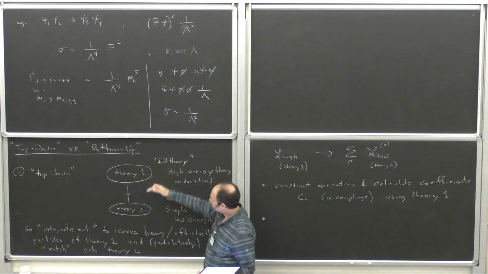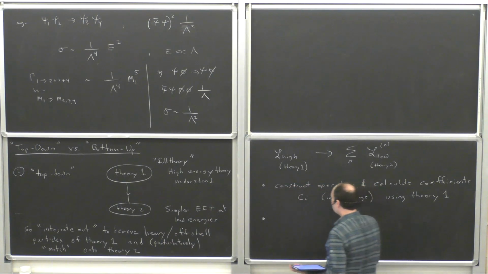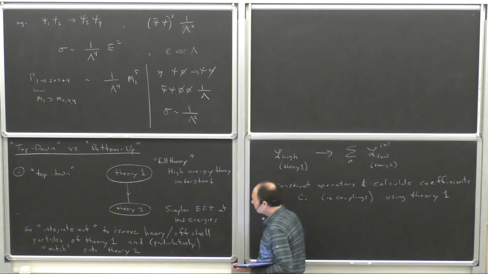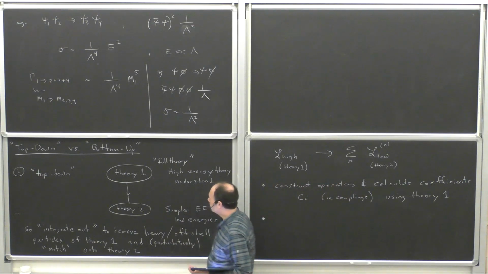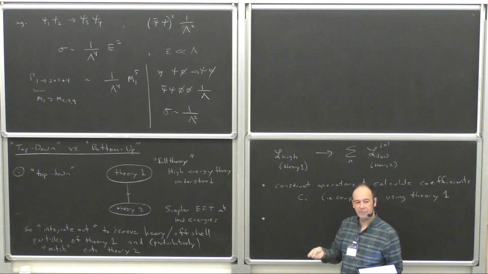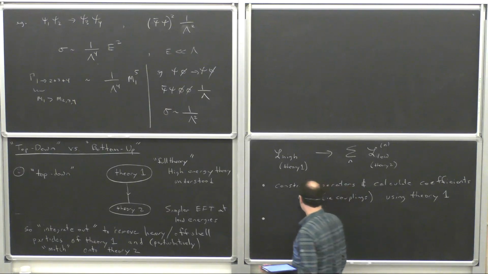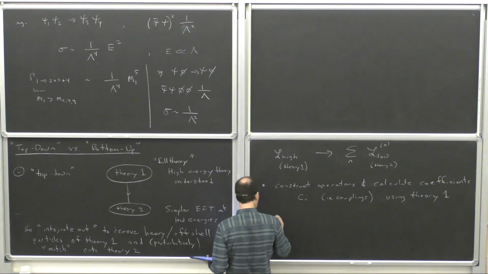This is at the top. We can use it to get down to the lower energy theory, theory 2. Now, one important fact is that the reason this whole procedure works is that those theories describe the infrared physics that we want to study in the same way. They agree on the infrared physics.